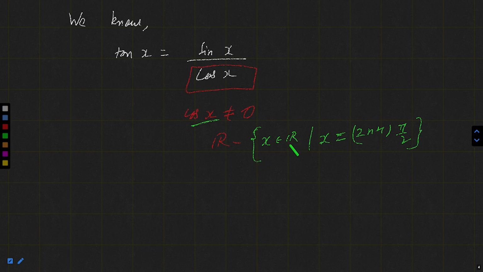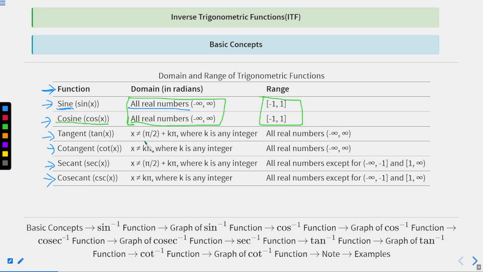So the domain is the set of all real x such that x is not equal to (2n plus 1) pi by 2, the set of all odd multiples of pi by 2, and we are eliminating all such real numbers. So this will be my domain for tan x. As you can see, x is not from this set. I hope that it is clear to you.